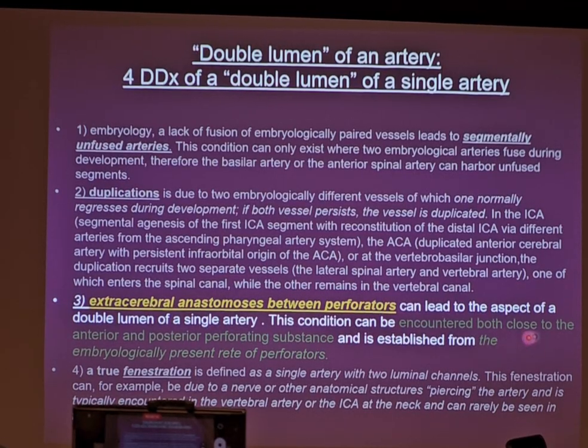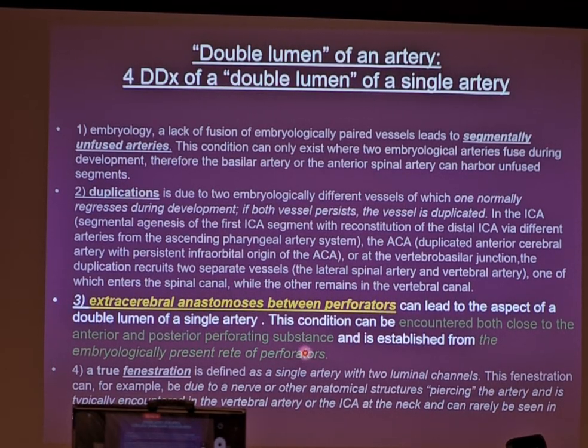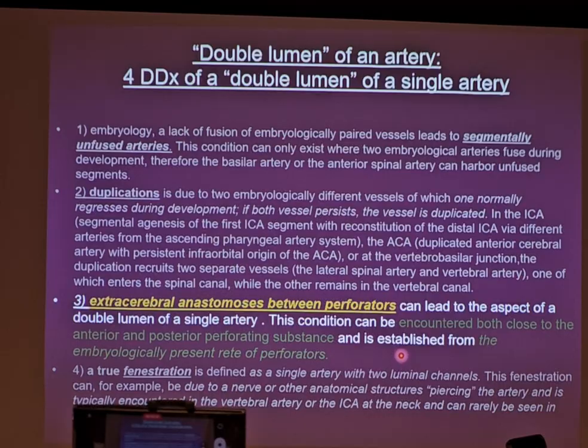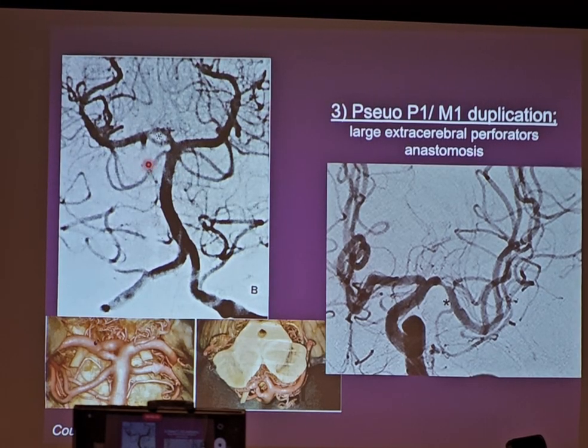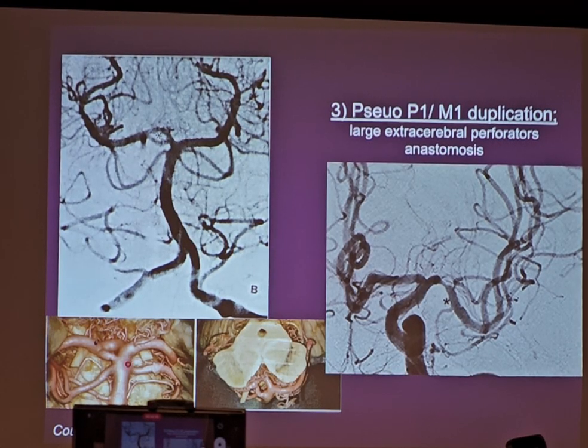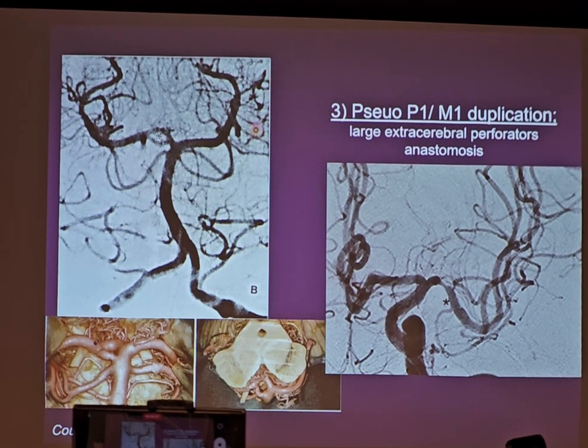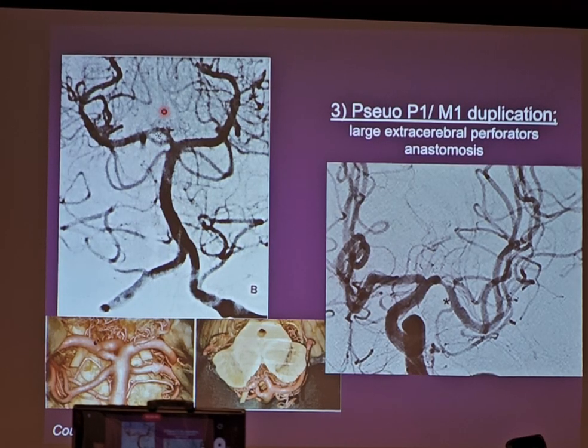It can be encountered close to both the anterior and posterior perforating substance, established from the embryologically persisting radii of the perforators. For example, Pierre put this diagram, this angiogram correlated with Phillips specimen, that is possibly related to a pseudo P1 duplication, which is actually a large extracerebral perforator anastomosis, and it can also be seen in the M1 area.